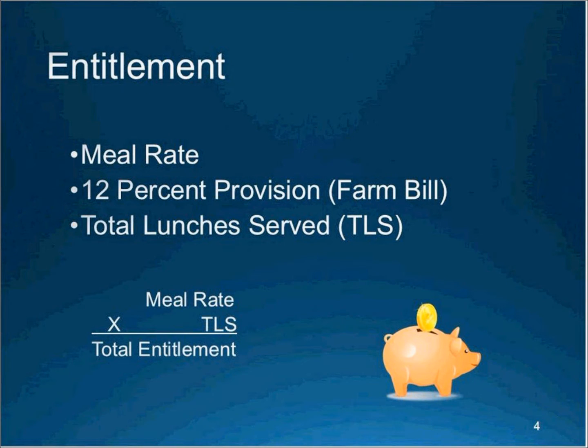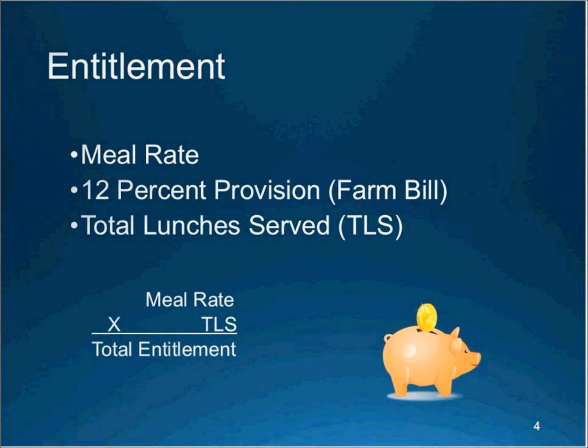Entitlement is fairly distributed to each agency based on the total number of lunches they serve from July through June. An agency's individual entitlement is calculated by multiplying their total lunches served by the meal rate established by the USDA. The meal rate for school year 15-16 was published in the Federal Register in July as 23 3/4 cents and is based on the Consumer Price Index for food.